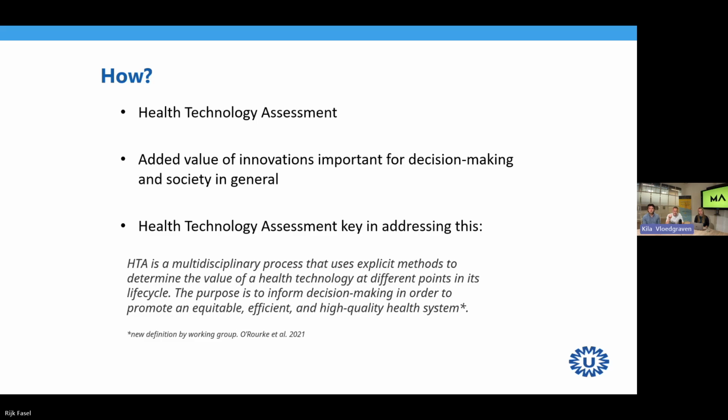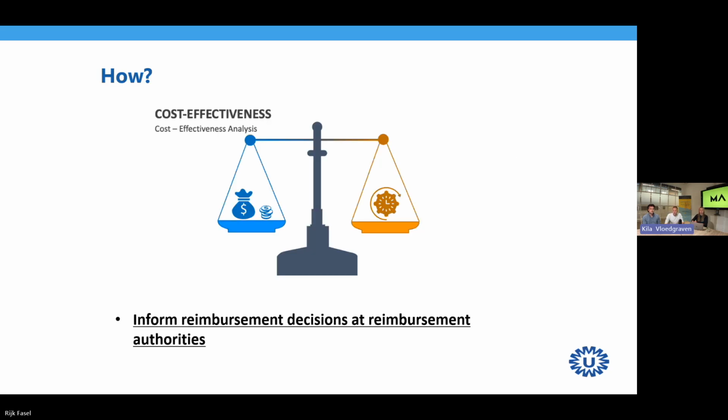And in this definition, a lot is in its life cycle, inform decision making, and efficient and high quality. And I think that is what we try to do with value dossiers and with looking into added value of diagnostics in general.